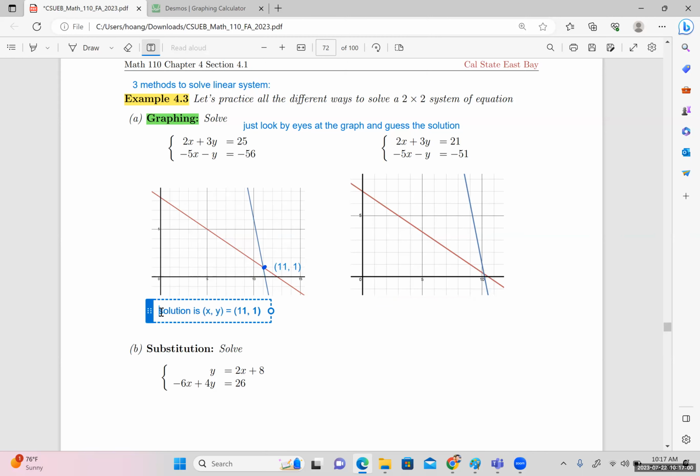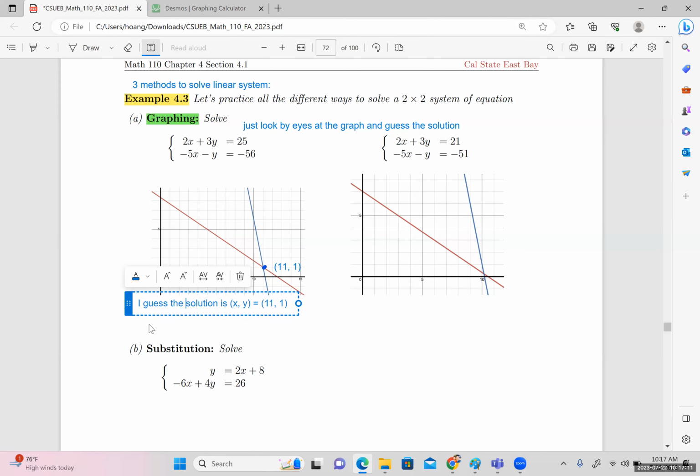I would say the solution is... Okay, because by eye you can only guess that it could be like 11.1 and 1.1, right? And so we can't really be sure about that. Okay, so what about the second one?